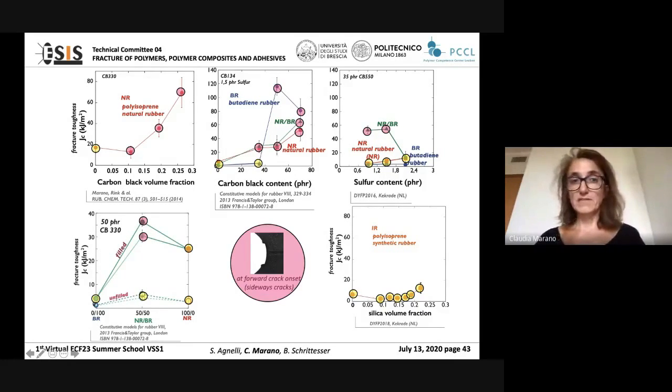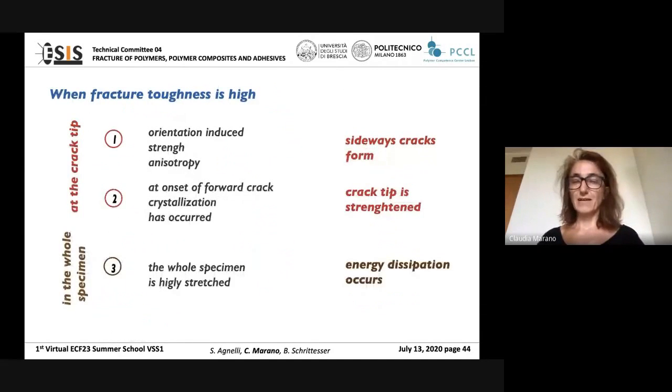There is not enough time to go into details of this topic, but from all the experiments performed on these compounds, that are made with rubbers that are stereoregular, so they can crystallize under strain, we derived a quite general scheme.